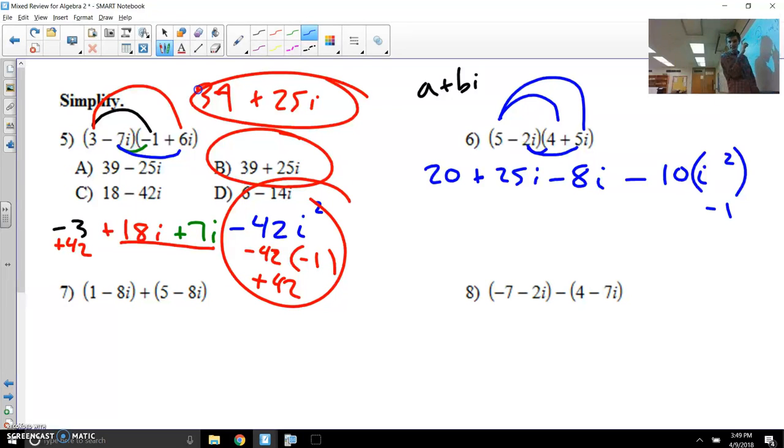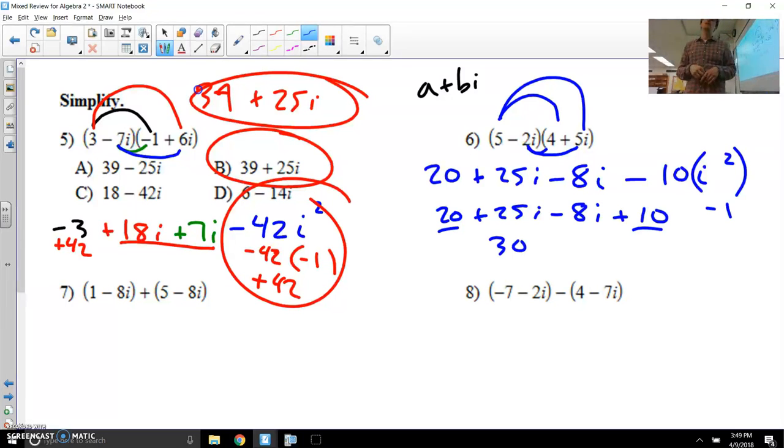And if that -10 and -1 are multiplying, at the very end I have positive 10. So just to not be lazy, I want everybody to see that number is just changing to be 10. So 20 plus 10 is 30. And the middle, 25i minus 8i, 25 minus 8 is 17i. 30 plus 17i.